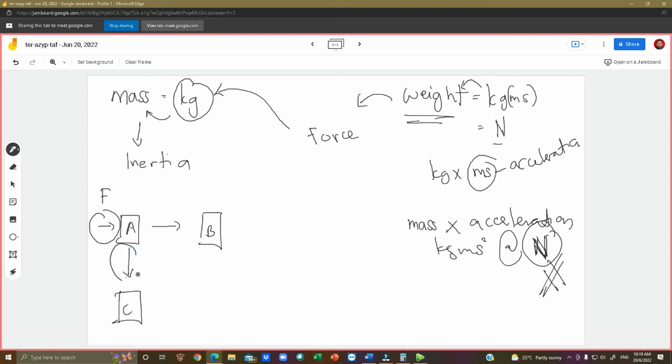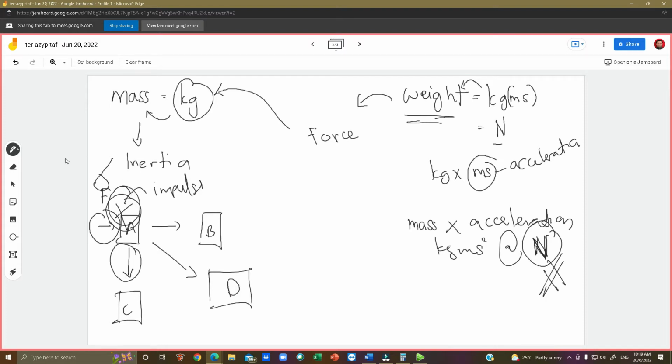So this pulling action is known as force. Kalau dia dekat A and then you kick, sepak dia. Okay, we inflicted impulse, making the A change place to D. So this inflicting impulse is known as force.